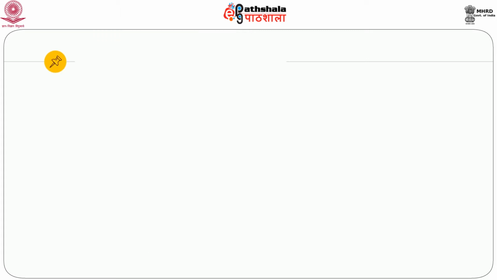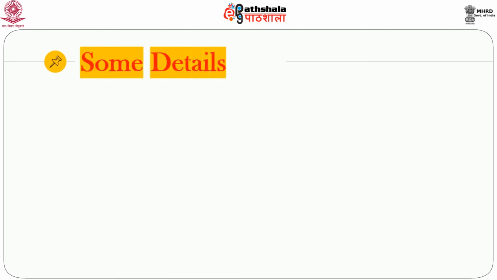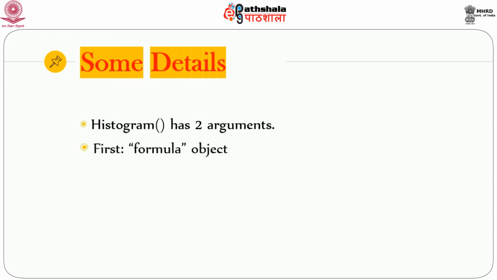Now remember, a little while ago we coined the term Trellis displays. So it's time to give some ideas regarding the Trellis call. To know this, let us take a closer look at the histogram call. Now look at the arguments of it. It has two arguments. The first argument is a formula object that specifies the variables involved in the model. The second argument, that is data, has a correspondence to the variables used.